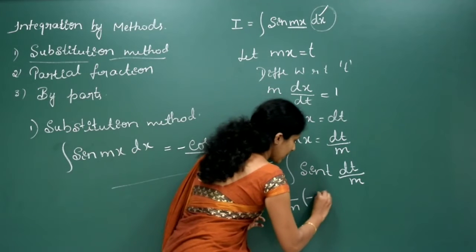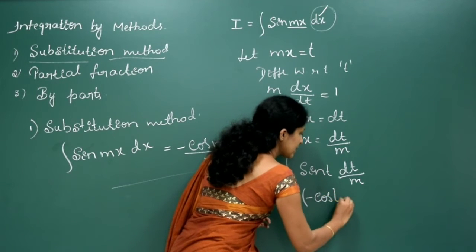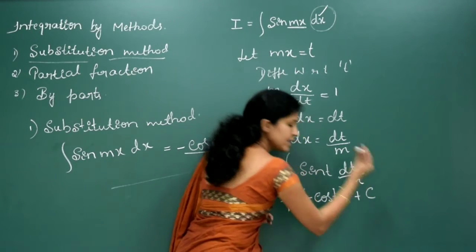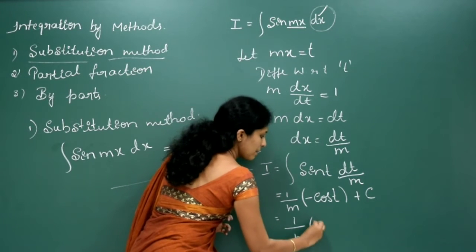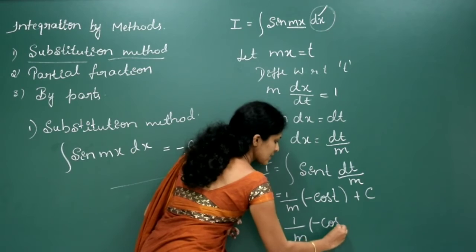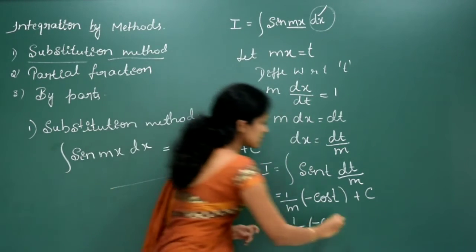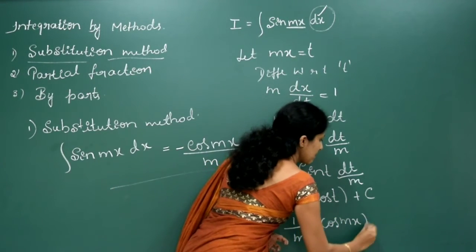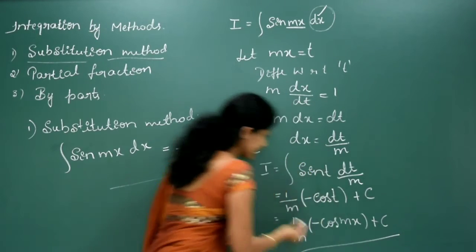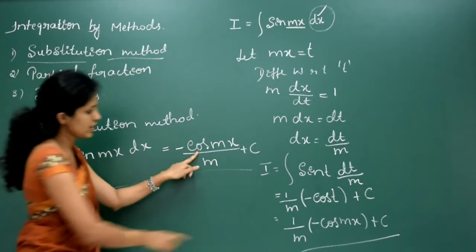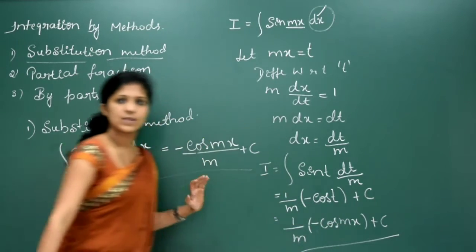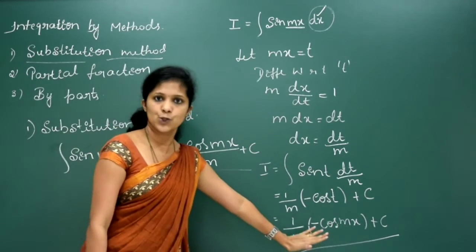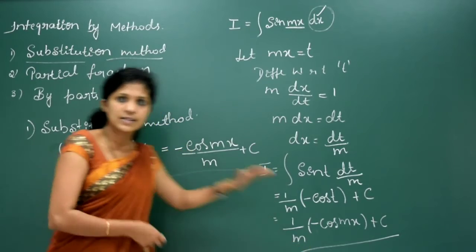So this can be written as 1 by m into minus cos t, and substituting t as mx, minus cos mx plus c. Is it clear? Both are the same: minus cos mx divided by m plus c. So this is by using the substitution method. This is a simple problem.